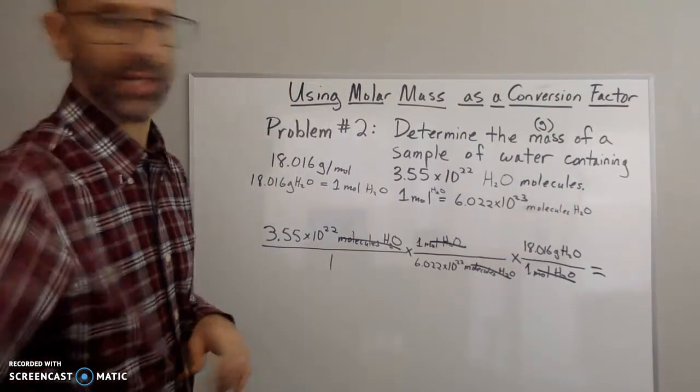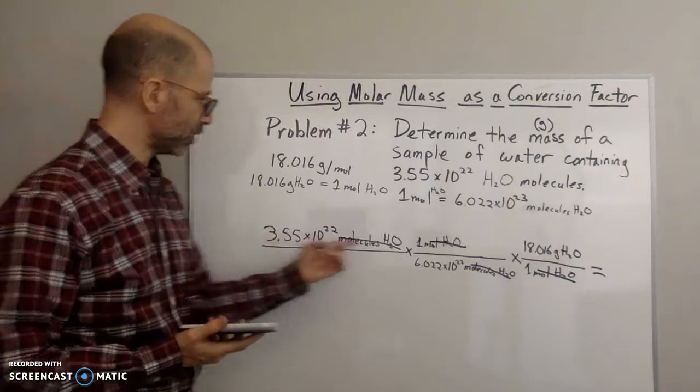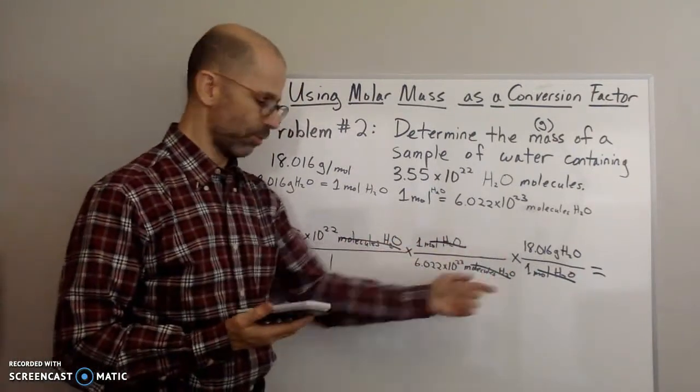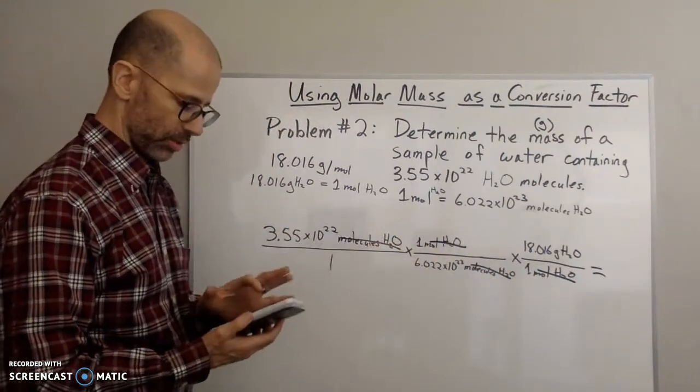No more conversion factors. So now I can calculate. I'm going to calculate by multiplying across the top and dividing by what's on the bottom, ignoring the ones.